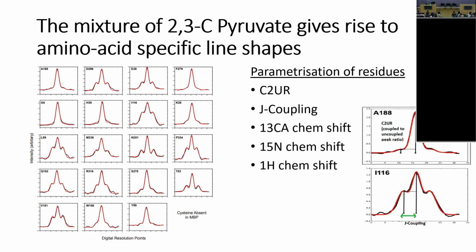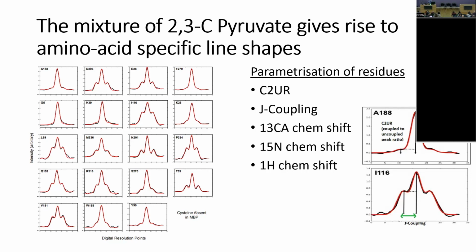But for valine 181 at the bottom corner, you get a strong central peak and these smaller shoulder peaks. And hence, through the experimental labeling of the carbons, they were able to generate amino acid dependent line shapes within their HNCA spectrum.